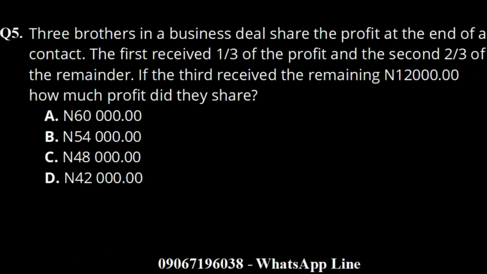In the next question, you're told that three brothers in a business deal share the profit at the end of a contract. Now the first receives 1/3 of the profit. So three brothers have a business and share the profit at the end of the day.